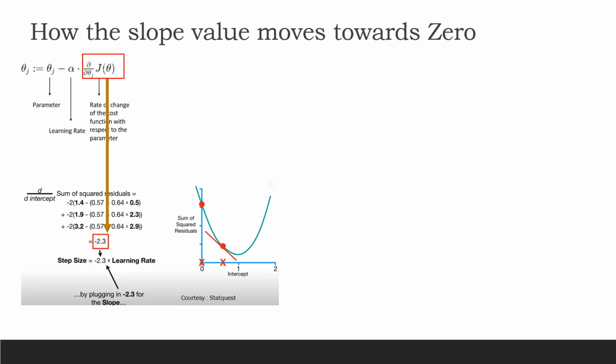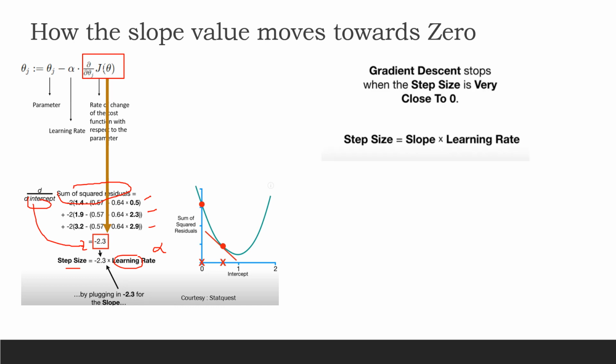So this d by d intercept represents the partial derivative with respect to intercept of the RSS function, and taking three real-time values or use case values, we find in this particular example the value of this partial derivative. And this partial derivative, as we recall, is used to determine the step size by multiplying this derivative by the learning rate or the alpha that we just saw. And we plug in this step size to get the new slope. And this is how it moves.